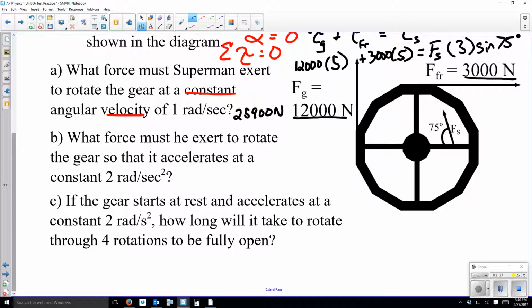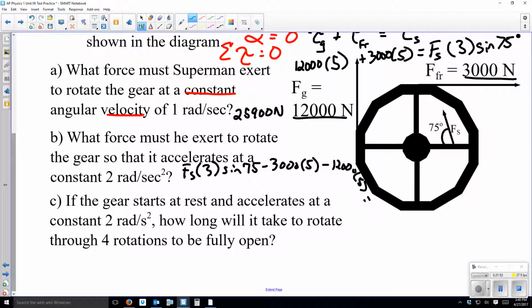The friction torque is acting in an opposite direction, so I'll put it negative. Same is true for this force G, also times 5. And because net torque equals I alpha, I, and then the alpha, it wanted 2 radians per second.